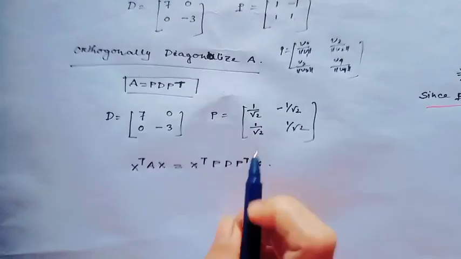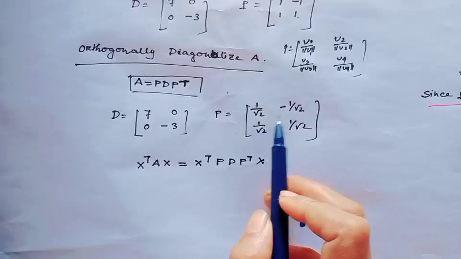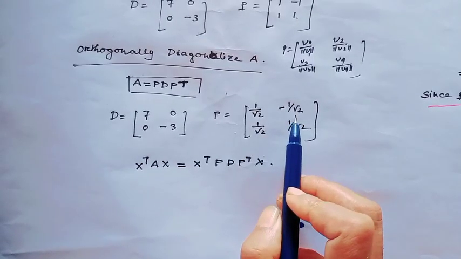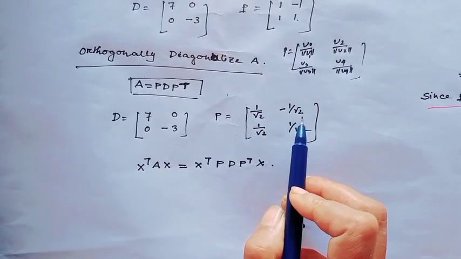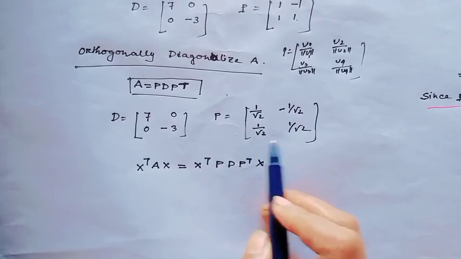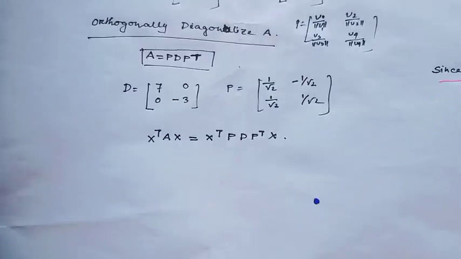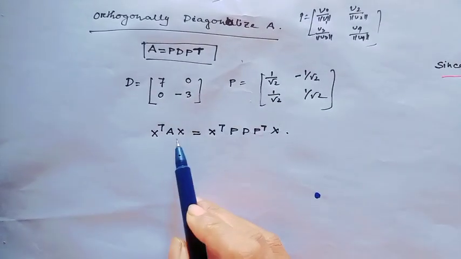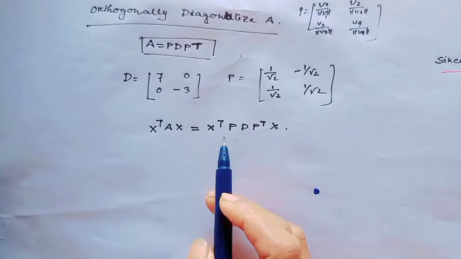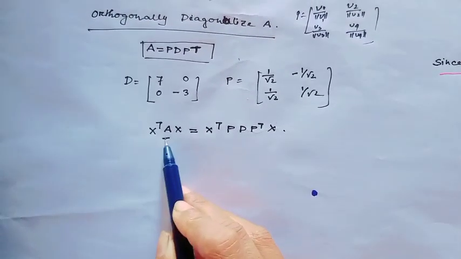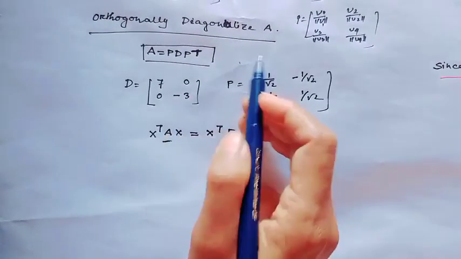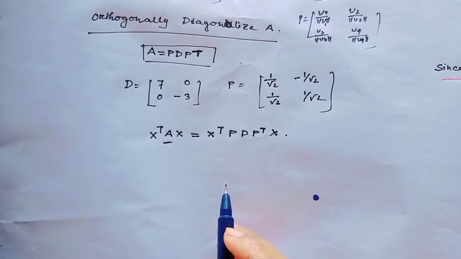So the matrix P would be 1 over square root of 2, minus 1 over square root of 2, 1 over square root of 2, 1 over square root of 2. And here the idea is x transpose A x equals, obviously A means PDP transpose, by orthogonal diagonalization we can tell.